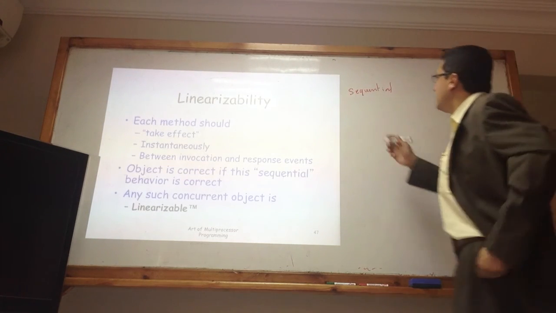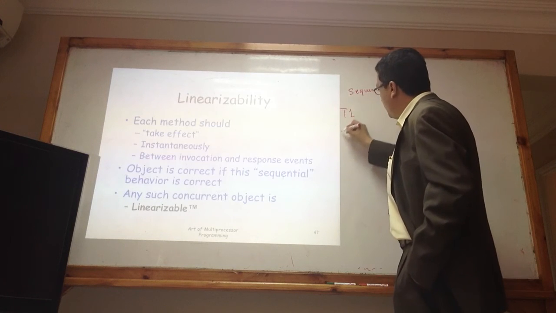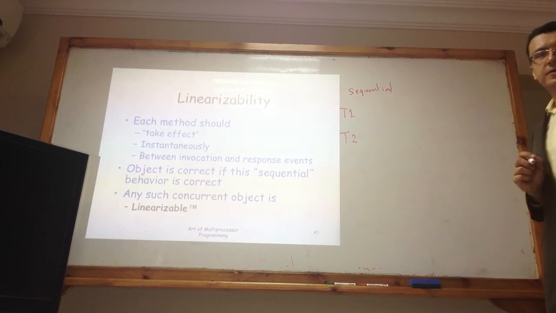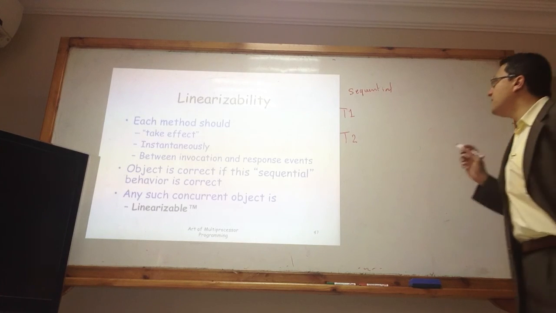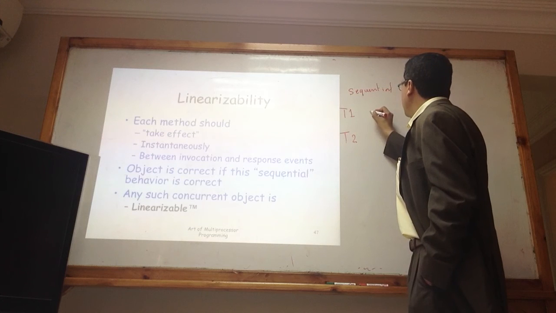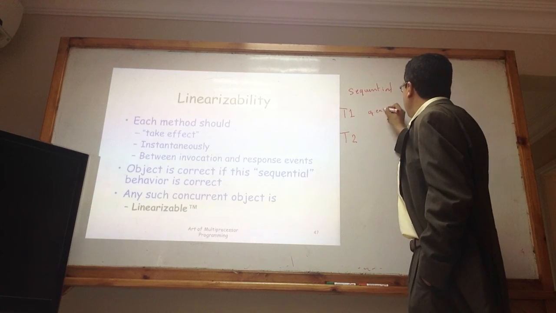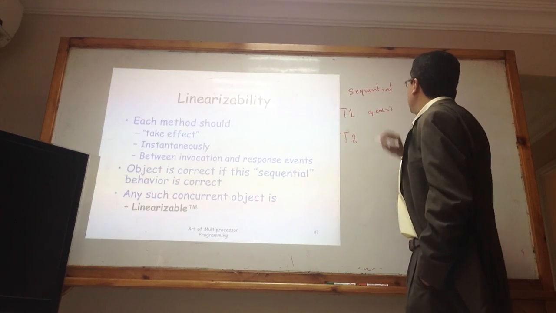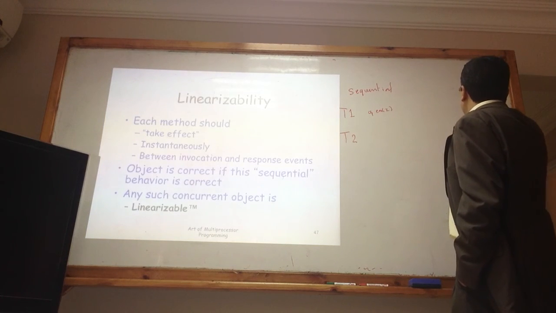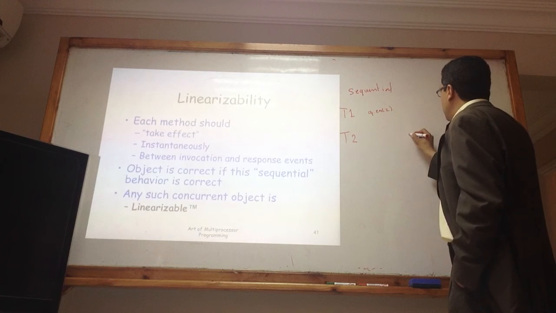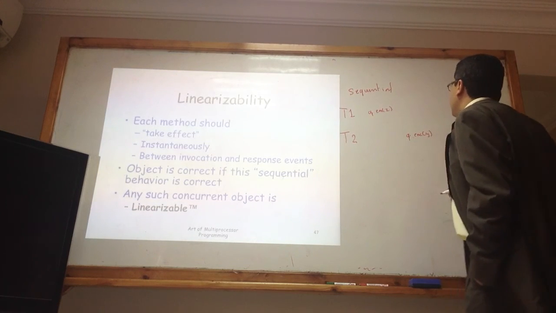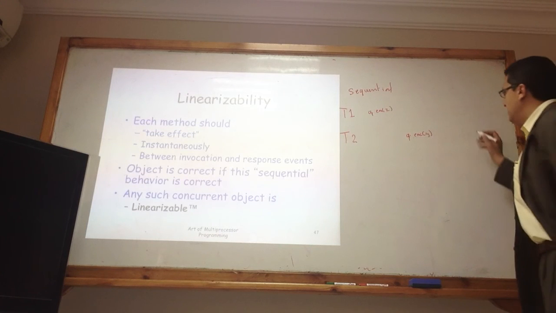If you look at this simple example, maybe I've shown you before, but it's worth seeing again. You have two threads, and both are doing some EnQ operation. One does Q.enq(X), and the other does Q.enq(Y).